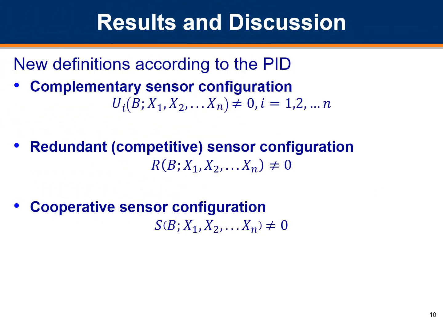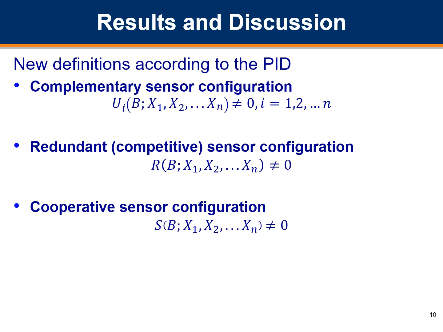The PID method gives a complete picture about the information interaction of target and source variables. According to the information that the sensor data x1 to xn provide about the target variable b, the following new types of definition can be proposed. Complementary sensor configuration: a sensor configuration is called complementary if the amount of unique information provided by each sensor observation about the target variable is other than 0.